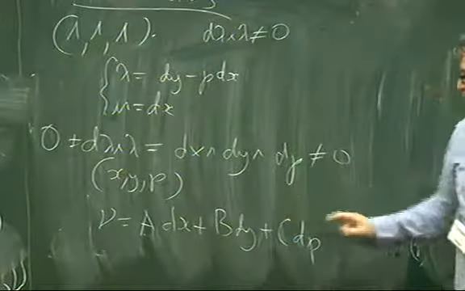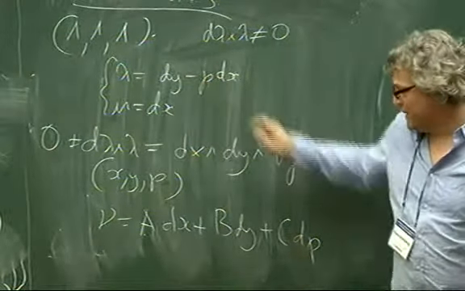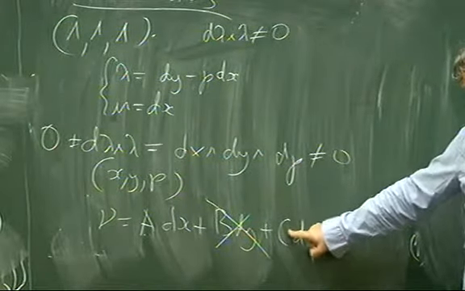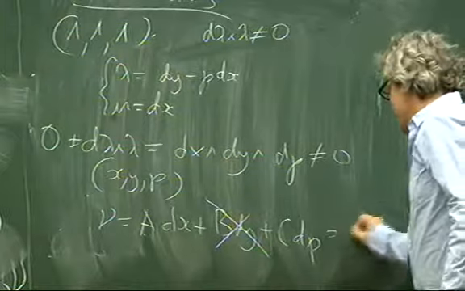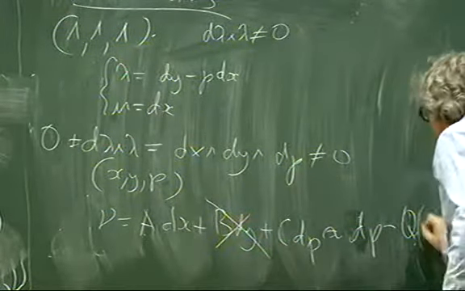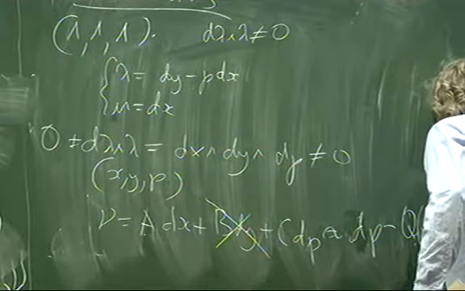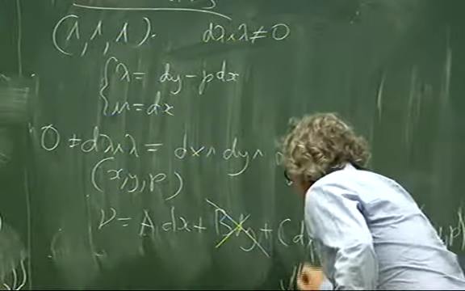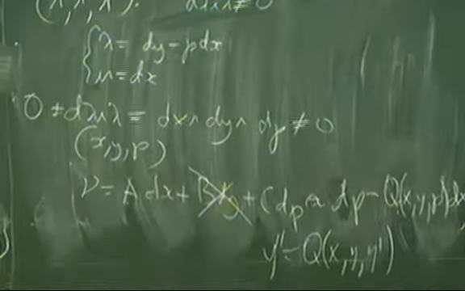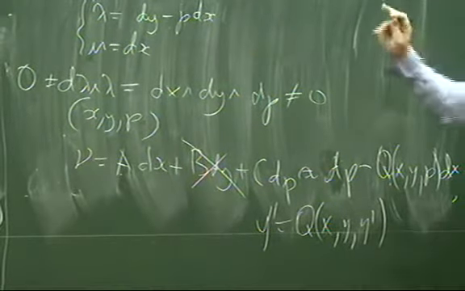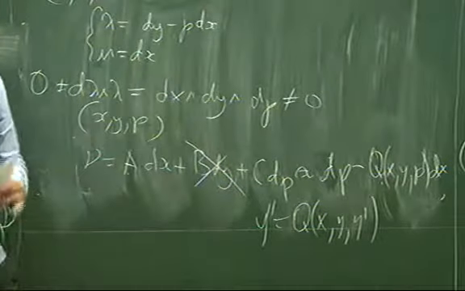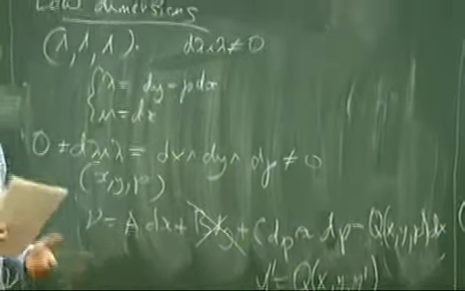And because my μ is given modulo addition of some multiple of λ, I can get rid of this term, and because I can scale, and this thing cannot be 0, I can write it as dp minus some function q of my coordinates x, y, p times dx, and then I will define the equation y double prime equals q(x, y, y prime). So this example shows that a (1, 1, 1) para-CR structure which satisfies this condition always comes from a second order ODE modulo contact transformation.